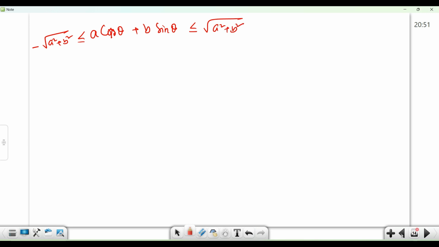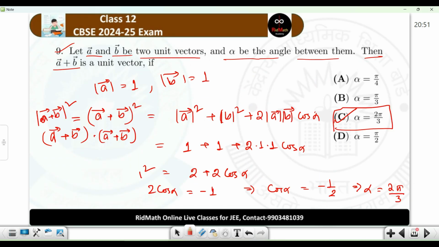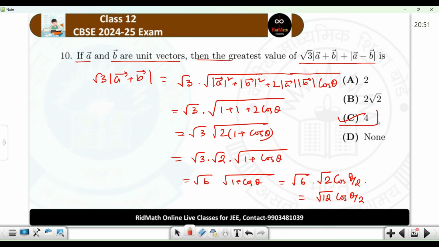So this will be less than or equal to root over root 12 square plus 2 square, that is root over 12 plus 4, that is root 16, that means 4. So this expression has maximum value 4. So option number C is correct, 4.